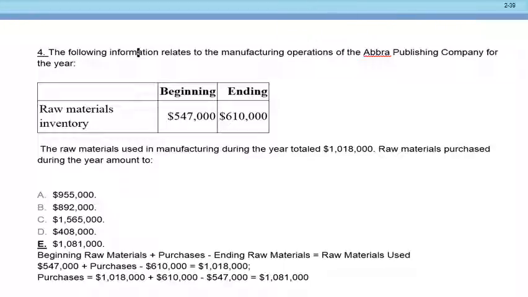The way I do the subtotal is I'll take the 1,018,000 and I'll add 610,000 to it, so that when I add those two numbers together I come up with 1,628,000. Thank you, Steve. And I have that 1,628,000, and I put that as a subtotal.